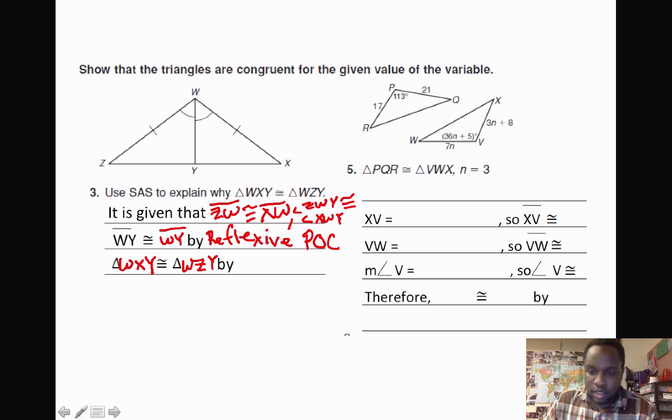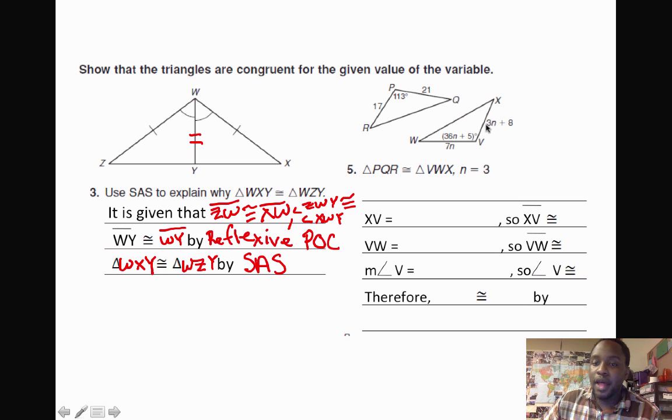Since we know that's congruent by side angle side, we know that these triangles are congruent. So here, what we can do is solve for these angles to see if they are congruent. Well, 36 times 3 plus 5 is 113.